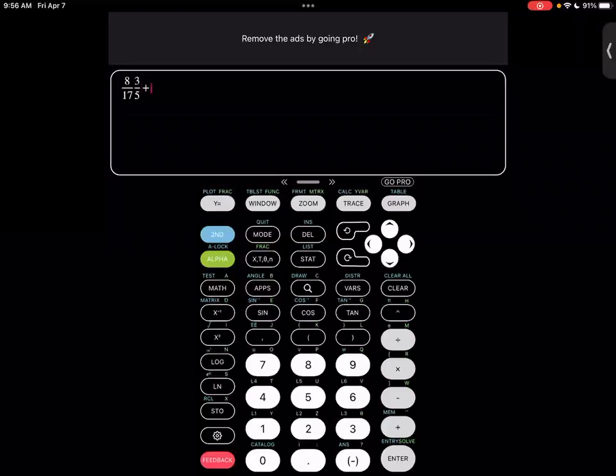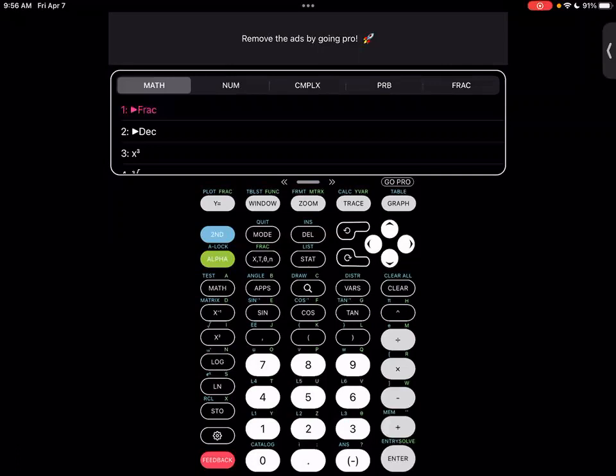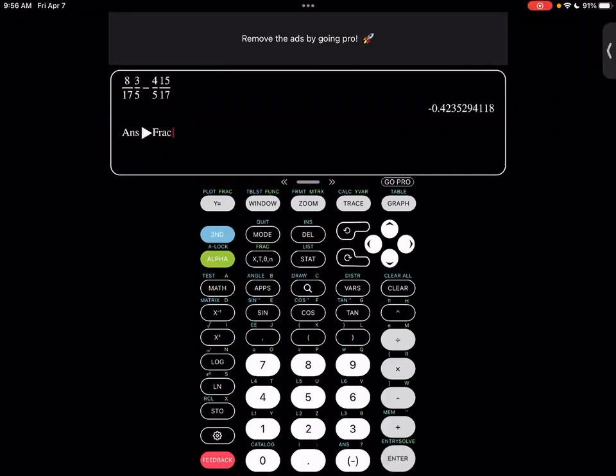Plus, let's make it minus, because plus minus, let's make it minus. Minus 4 over 5. And then 15 over 17. And now I want to change to a fraction. I have to go to math. Frac right there, press enter twice. Negative 36 over 85. Right.